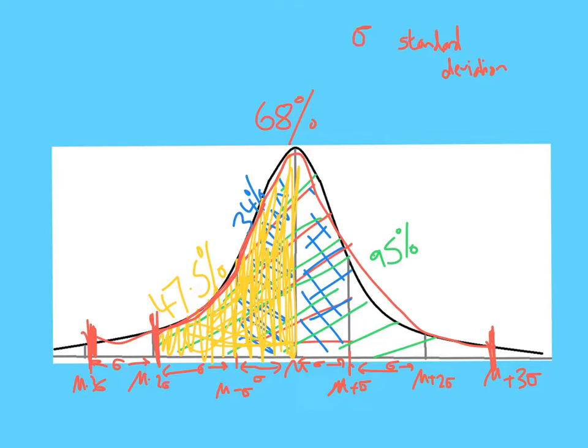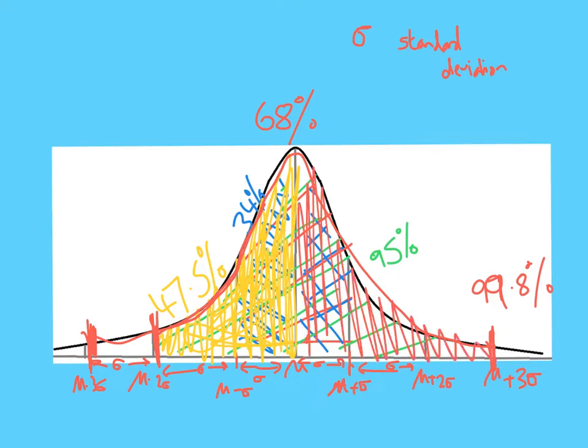So for the purposes of this course, the percent there is 99.8%, which means that this half here is half of that, which is 49.9%. Now that all looks a little messy, so I'm going to show you a bit of a summary of that on the next screen.